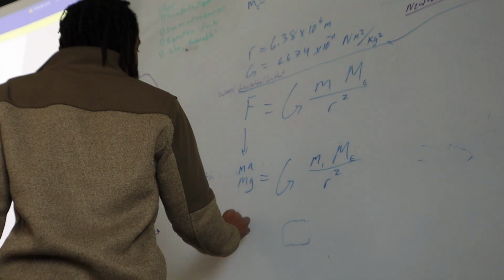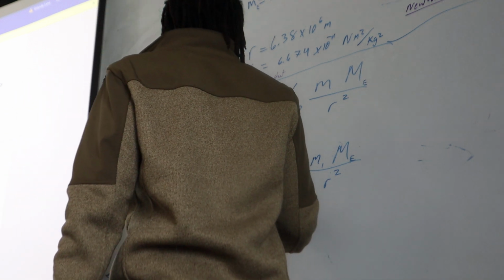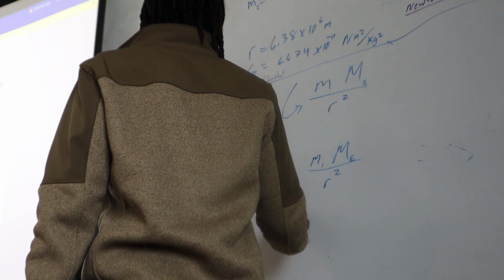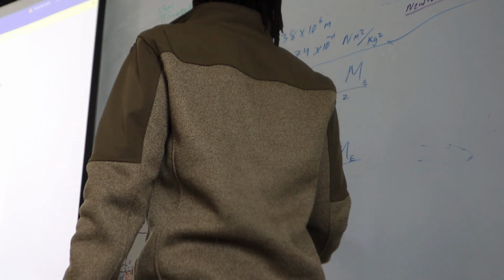Now that I have this relation, I can do an easier manipulation. So now I can say big M, mass of the Earth, equals, so we got R squared on the bottom, which will move to the top.